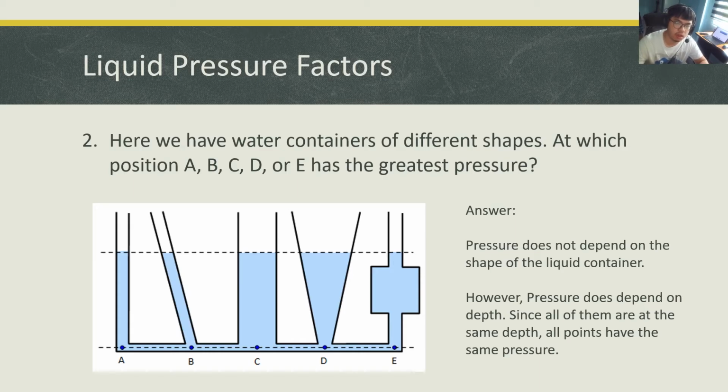Pressure depends on only density of the liquid, the gravitational field strength, and the depth. So pressure depends on the depth. Since all of them are at the same depth, all points have the same pressure. So it doesn't matter what the shape of the container of the liquid is. All that matters is the depth, density, and also the gravitational field strength.